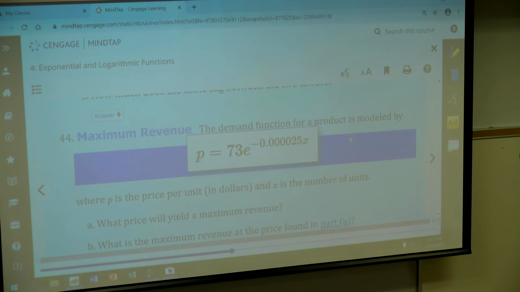Why would it be 3e raised 3x? Because that's the rule. So e raised 3x, distribute the 3, you get 6x plus 3 plus 2, right?